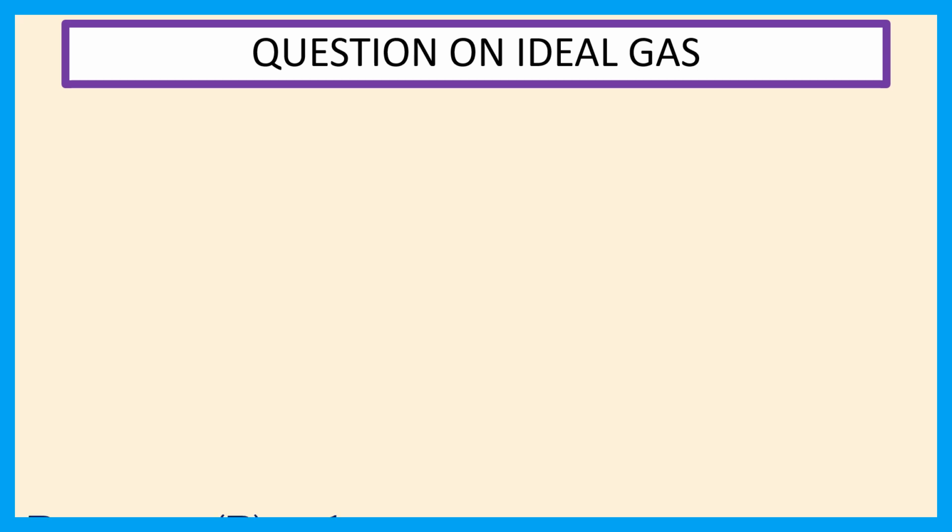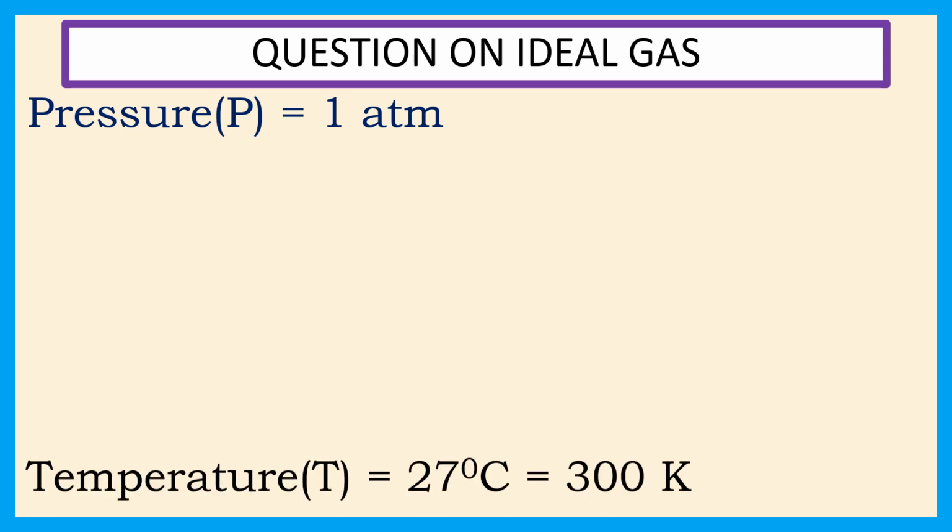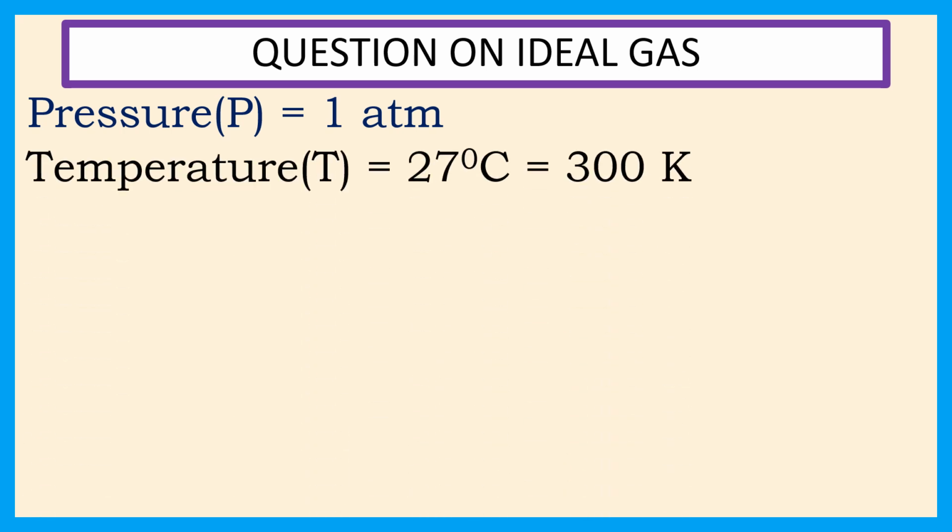Here given pressure P is 1 atmosphere, temperature T is 27 degrees centigrade, which is equal to 300 K, mole n is equal to 2 moles.